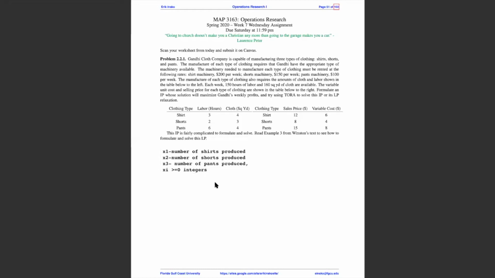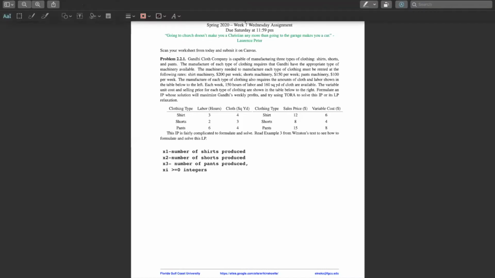We also have another type of variables that will show us if a machine was used or not for the fixed cost of $200 for the shirts, $150 for the shorts, and $100 for the pants. So we can denote this as a different variable because we just want to know if they were produced or not.